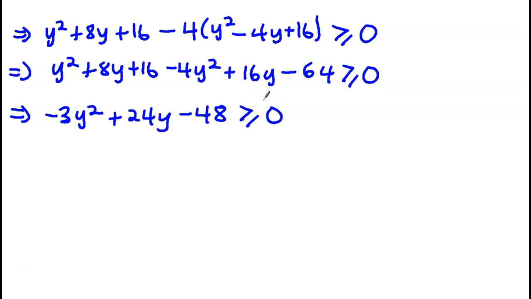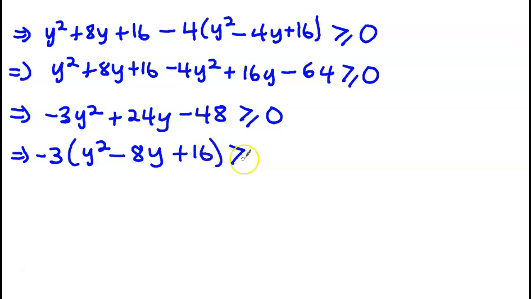So we can factorize, bring minus 3 out. We have y squared minus 8y, 3 will go into 24, 8, and then plus 16 is greater or equal to 0. Now this is a perfect quadratic expression. The first term is a perfect square, the second term is also a perfect square. And then let's take half of this. Half of 8 is 4, and 4 squared gives us 16.